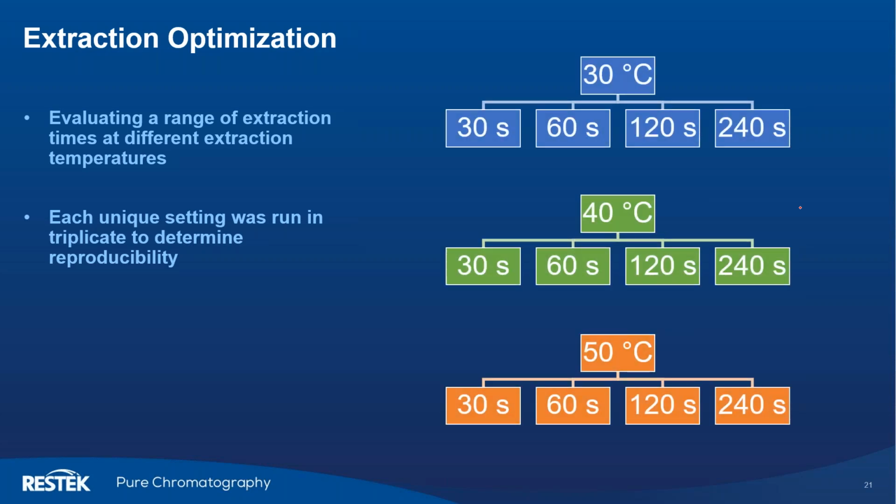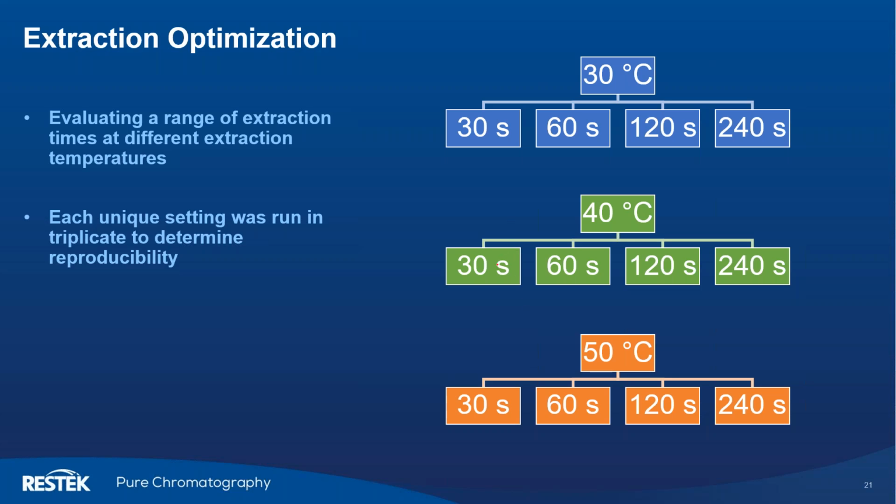For an analyte class that I'm unfamiliar with, I want to evaluate 3 different extraction temperatures, followed by 4 different times, or 3 different times. If you're unfamiliar with the analytes of interest and their partitioning, this can look very different, but I think this is a good start in evaluating extraction times for each of these given temperatures.